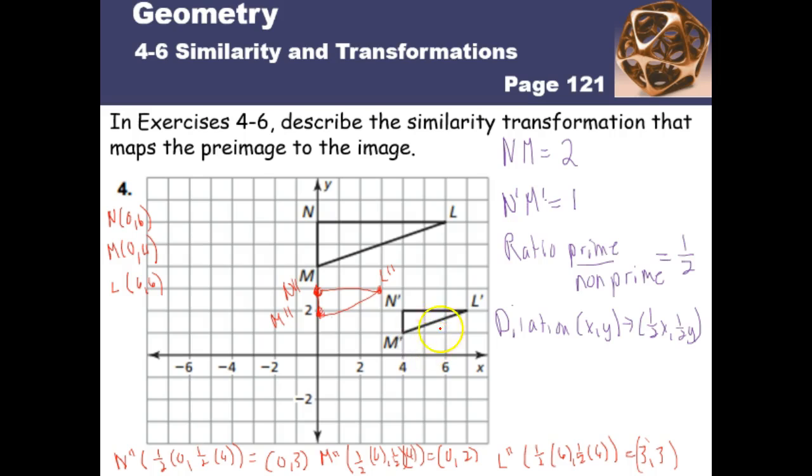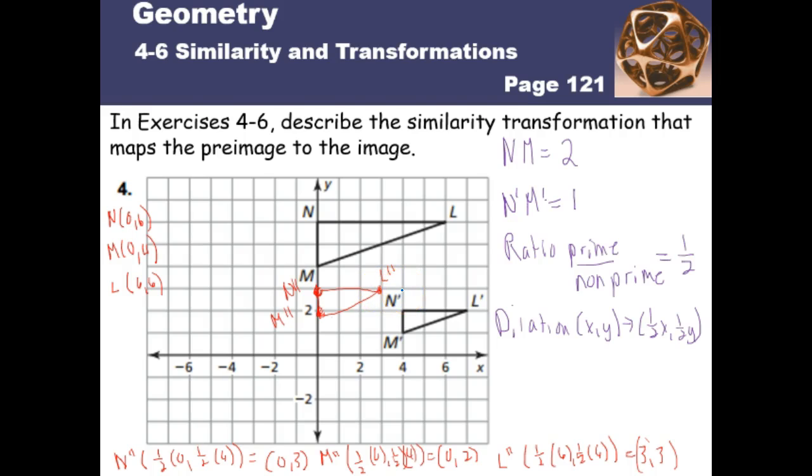Okay, now how do we get it from here to here? Well, it looks like M has to go right. Let's get another color. We'll do this in blue. It has to go right 1, 2, 3, 4.